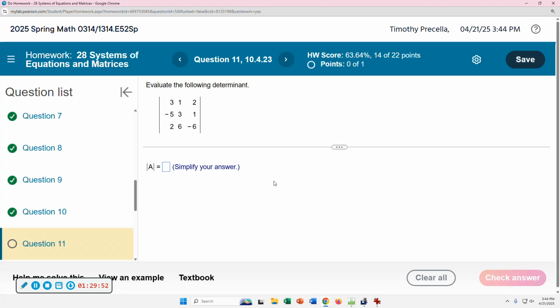Here we go. We have our big absolute value bars. 3, -5, 2, and 1, 3, 6, and 2, 1, -6.